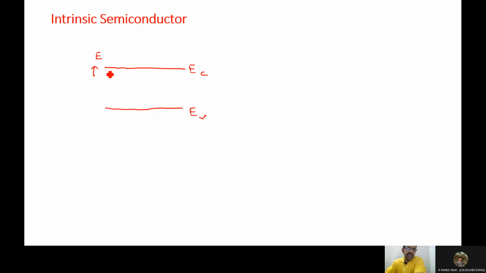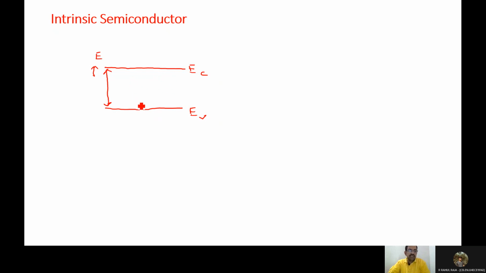So this energy gap is the forbidden region where you cannot find an electron because there are no available states within this. The states are discrete in nature, a consequence of quantum mechanics, so you have an energy gap where there are no available states. Although there could be a value of the probability function for the states to be occupied, because there are no states, you cannot find an electron within this.